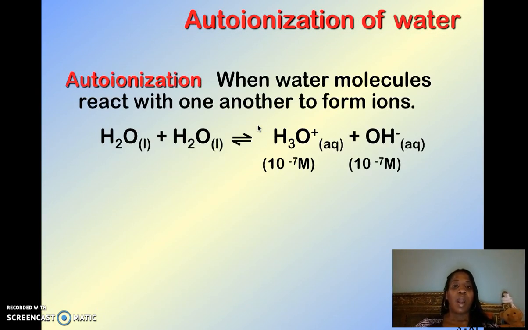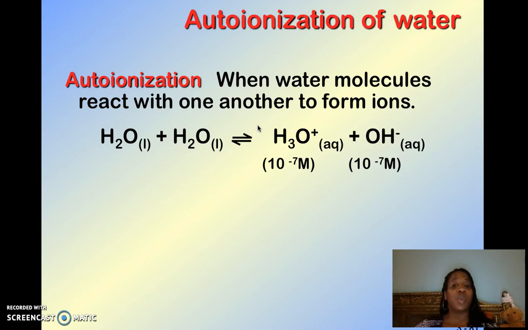Another thing to be aware of, and also to understand where these numbers are coming from, is the autoionization of water, meaning water molecules by themselves react with one another to form ions.